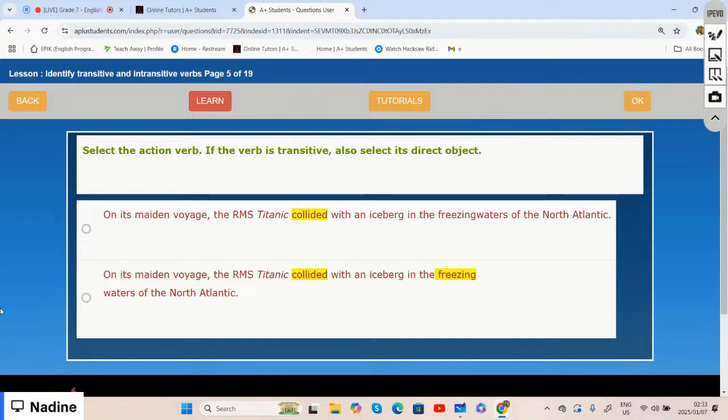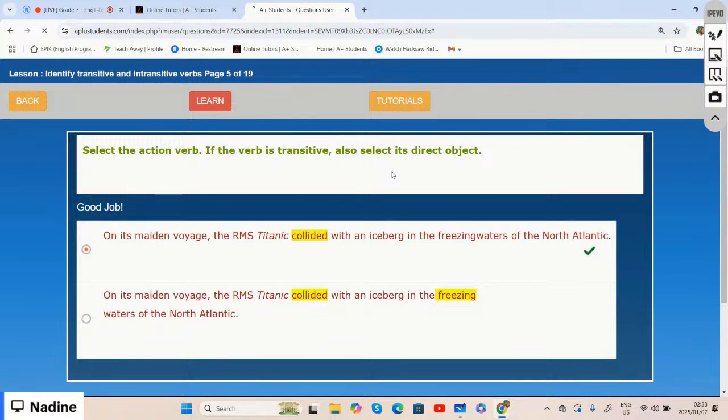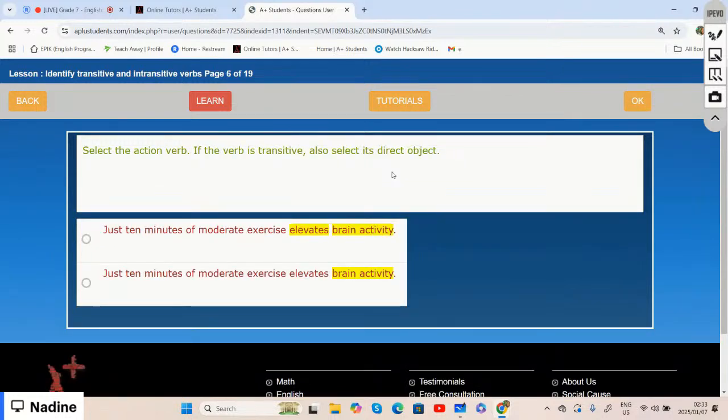Which one is correct? And if we were to choose the correct option, then yes, collided is the transitive verb.